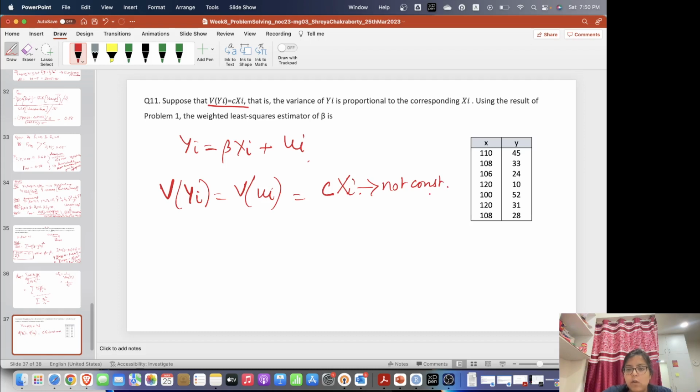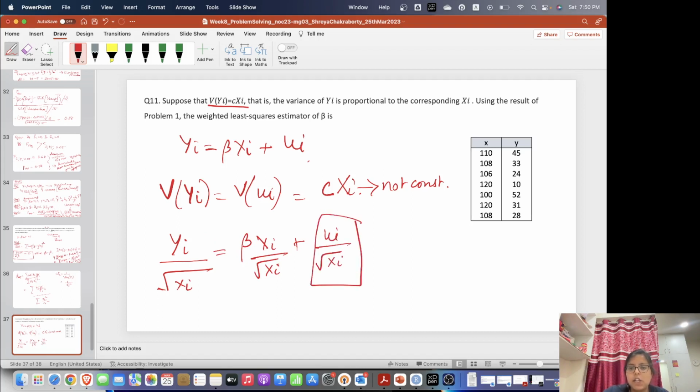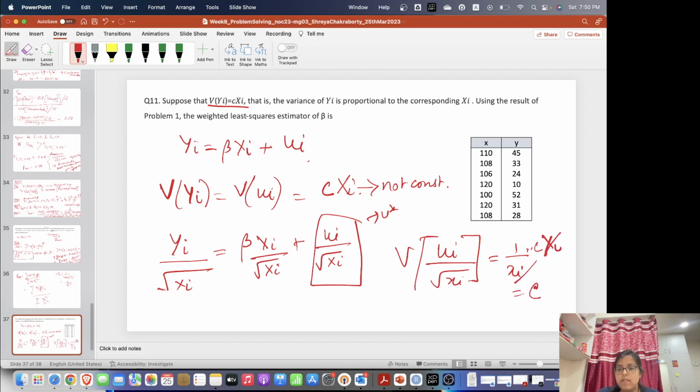So what was the way out? The way out was, we divide yi by root over xi. Then we would get yi by root xi equal to beta xi by root xi plus ui by root xi. Now this is my new error term in the transformed model. If I take the variance of ui by root xi, I am going to get 1 by xi into c xi, and this xi will cancel, and we would have some constant c.